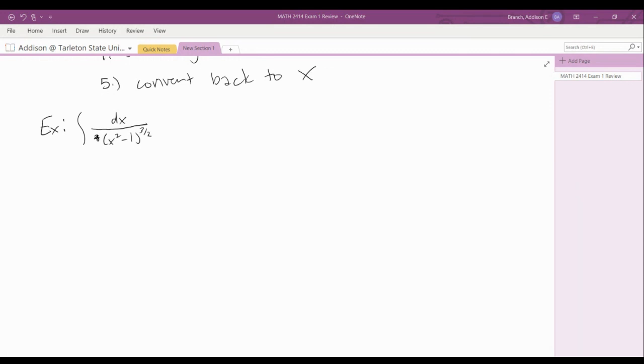Yes, x is equal to secant theta. So we can say that x is equal to secant of theta, and therefore we also know that dx has to be equal to secant theta tangent theta d theta.